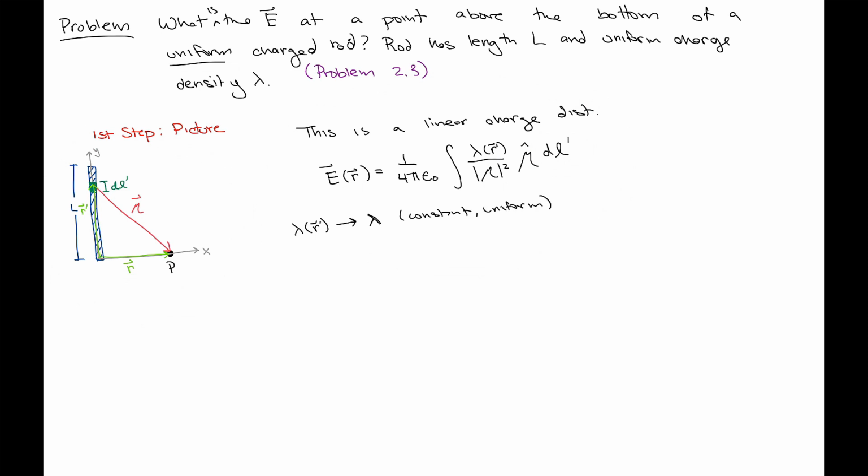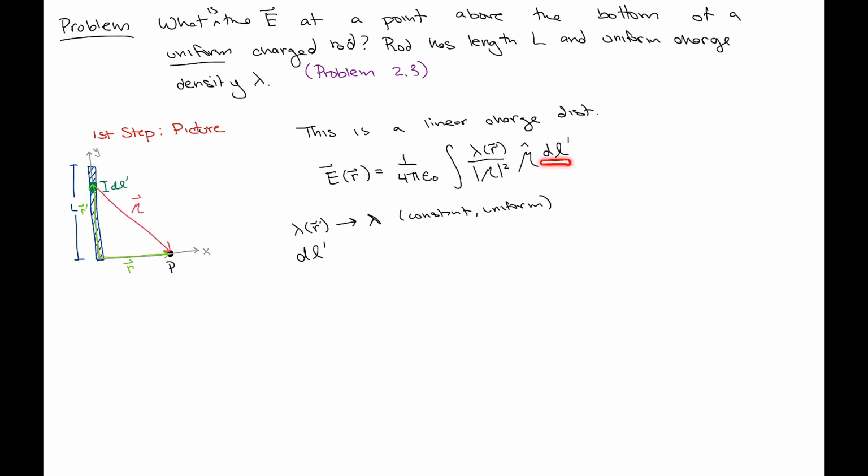All right. Now let's think about this dl prime. This is a little chunk of my rod, and this is what I'm going to integrate over to calculate the electric field from this whole rod, right?